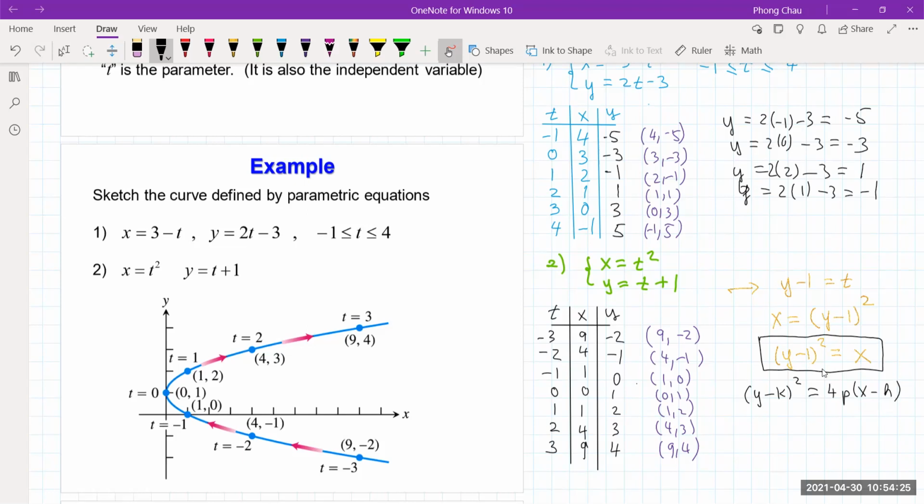And I do know the h and k. In fact, you see the h is none, so the h is 0 and the k is 1. So the vertex has to be at 0, 1. You see it's over here. Right? So we're going to learn how to do that by converting from parametric equation to Cartesian equation.